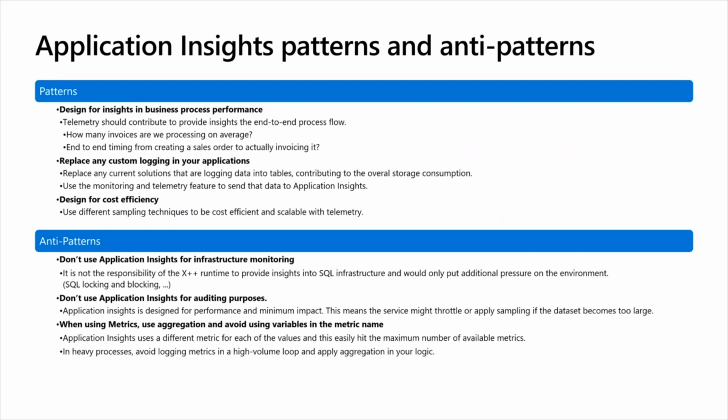Instead of logging an event, you can use a metric, fetch it from Application Insights, calculate whatever you need, and just update the metric, which does that in an aggregated way instead of logging each instance. That definitely contributes to cost efficiency. More in a few slides.